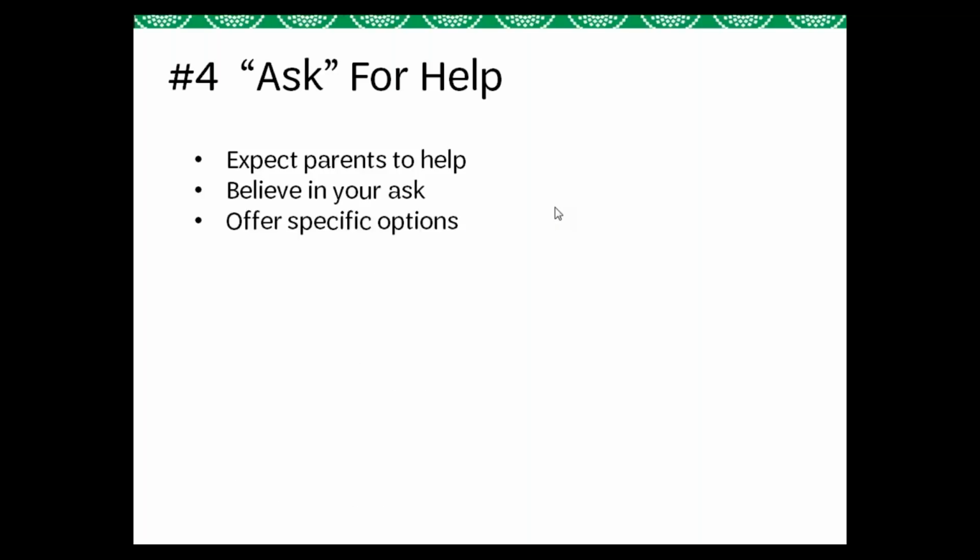We also want to offer specific options for parents. Studies show that the more you clearly define the ways parents can help, the more likely they are to help. All we have to do is offer them options or kind of a menu of what's available. You could have a document that you give to your parents at the parent meeting listing all the different things that they could help with in your troop.